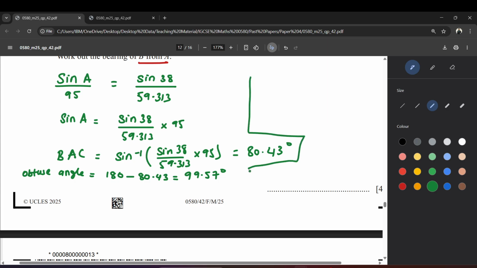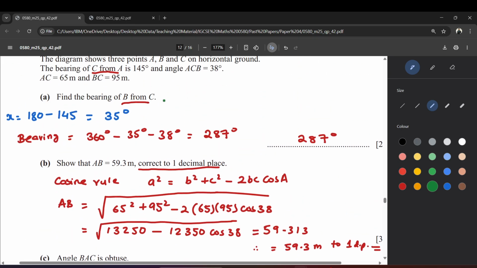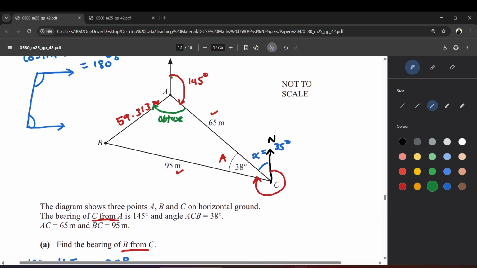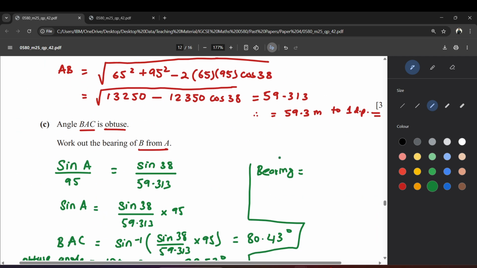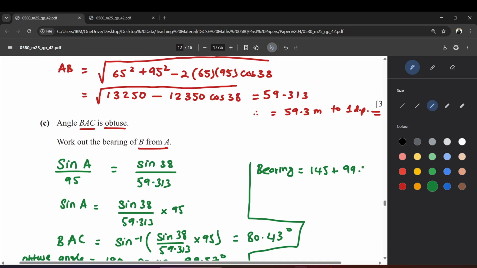Now the last step, because we need to find the bearing. So the bearing of B from A will be 145 plus the obtuse angle that we just found, 99.57.